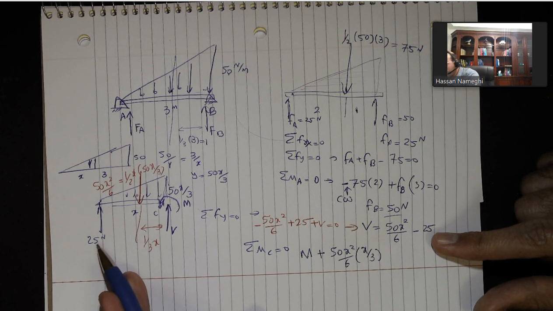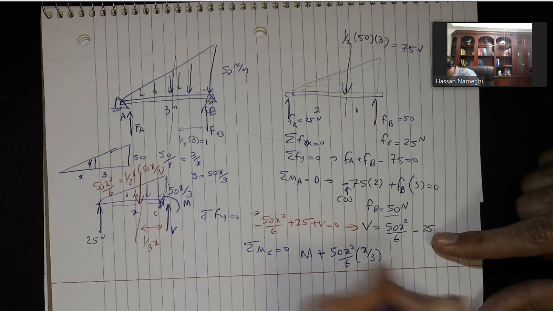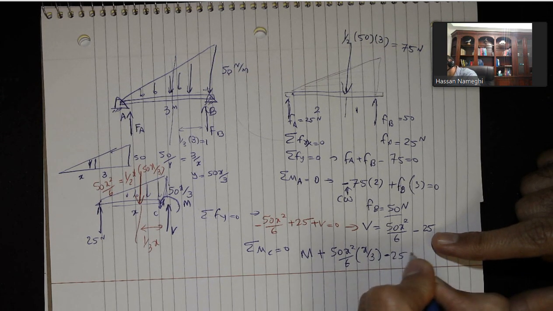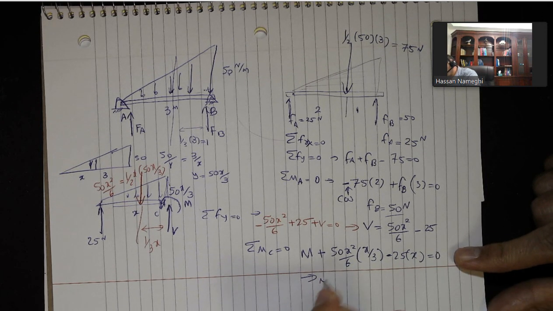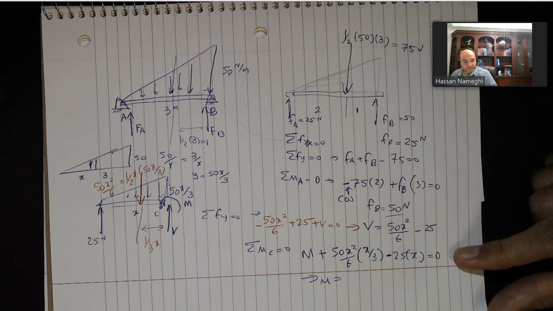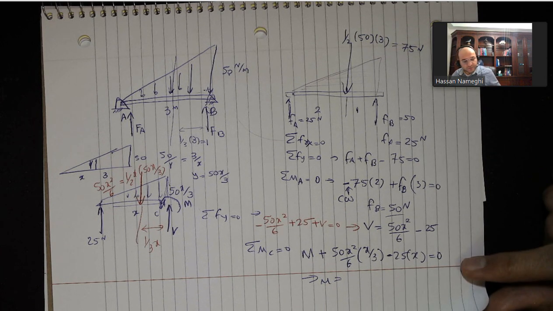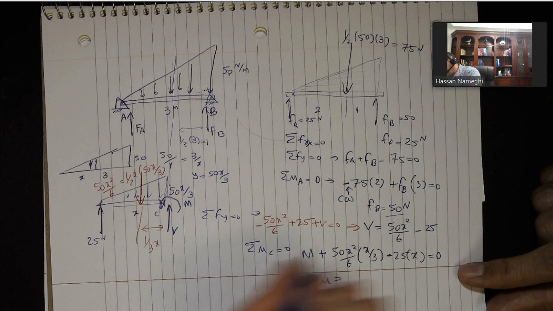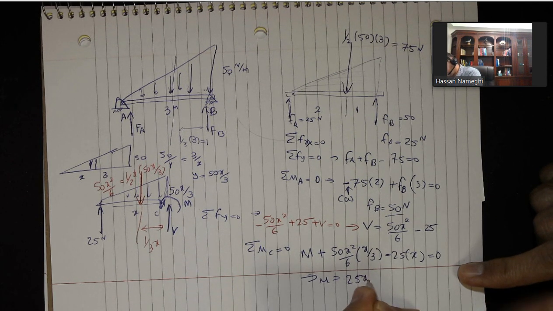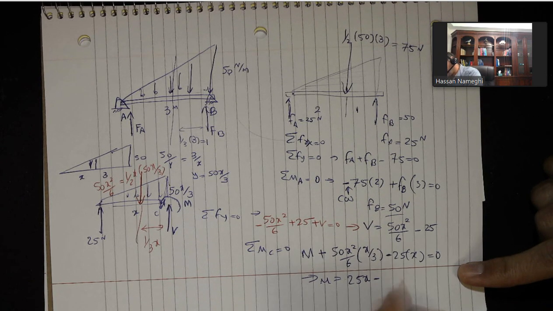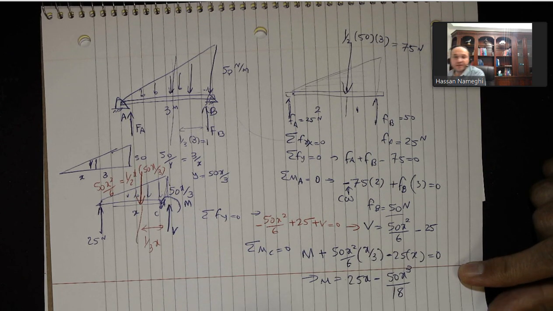The last one, 25, is going clockwise, so minus 25 times x equal to 0. I'm going to simplify this equation for M. So M is equal to 25x minus 50x cubed divided by 18.